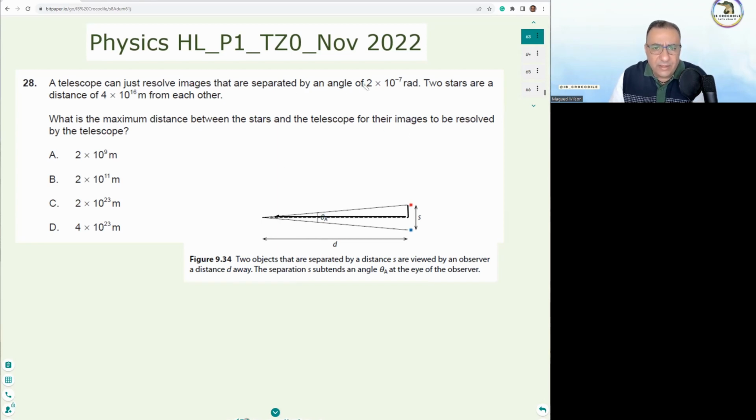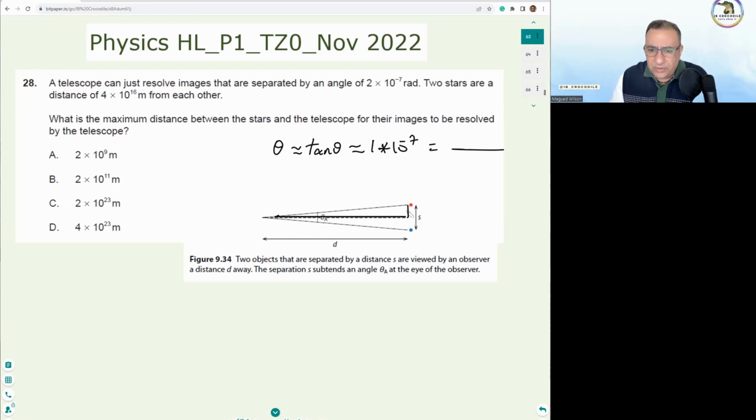So now if the angle is 2, this small half angle here is going to be 1 times 10 to the power of -7. So we can say theta, or basically tan theta, is equal to 1 times 10 to the power of -7, and that is equal to the opposite over adjacent.